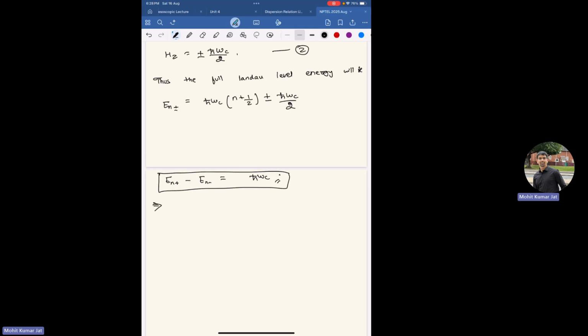This implies that the Zeeman splitting is equal to the cyclotron gap. So the spin up branch of level n plus 1 coincides with the spin down branch of level n.